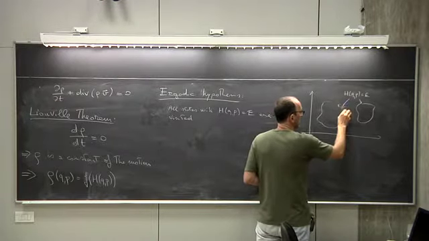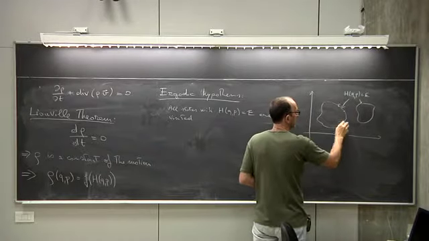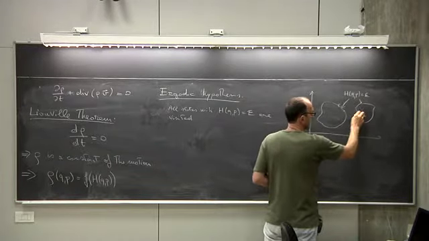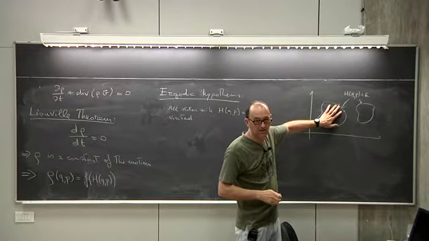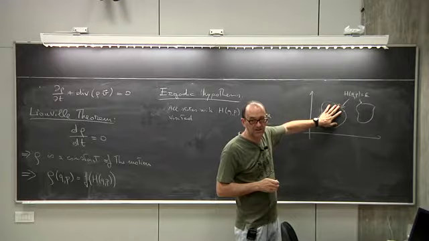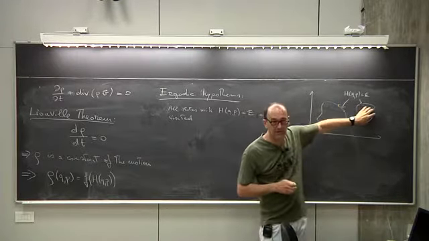If you start with your point here, you will get stuck here, and if you start with your point here, you will get stuck here. If you do time averages, you will get a different result if you are here or if you are here.